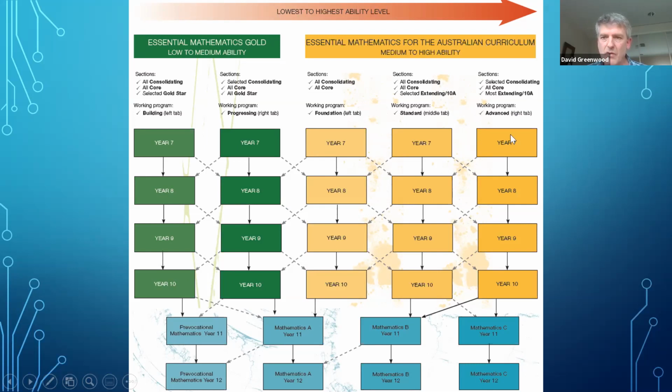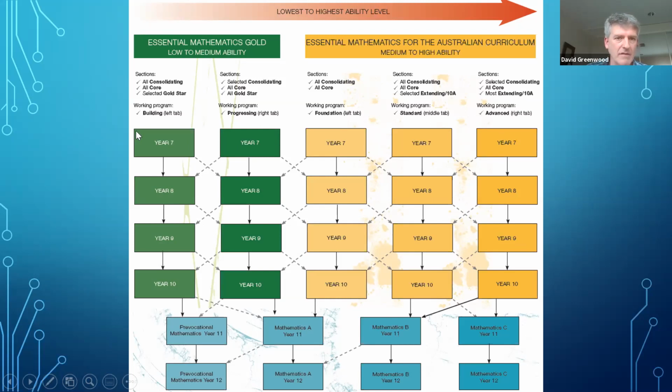So on the right-hand side, for example, the highest level pathway might be a course that includes only a selected number of consolidating sections, all the standard sections and most of the extending or 10A sections, and using the right-hand tab, the advanced column.